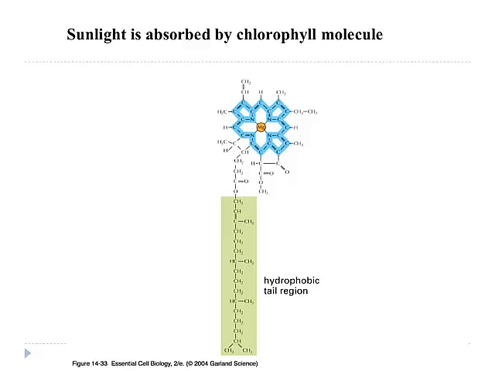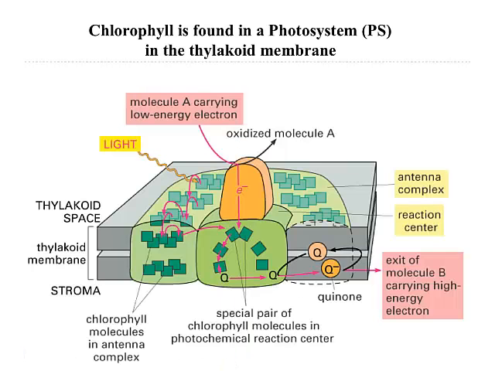The chlorophyll being unstable, it wants to give up its electrons. So they tend to jump from chlorophyll to chlorophyll, but then eventually they come to a reaction center where they're passed on to a special pair of chlorophyll molecules that then split that energy into the electron pairs.